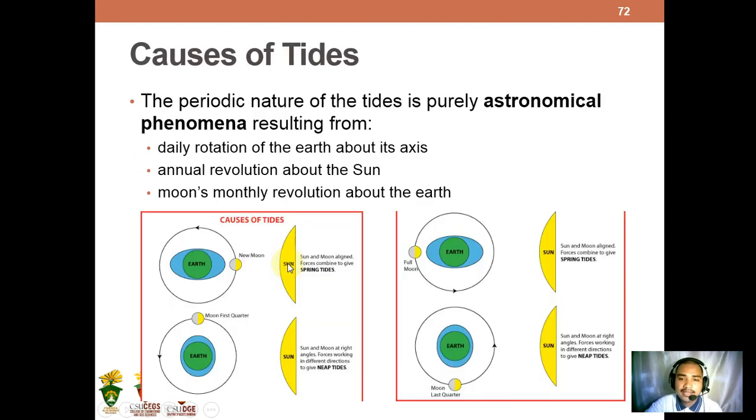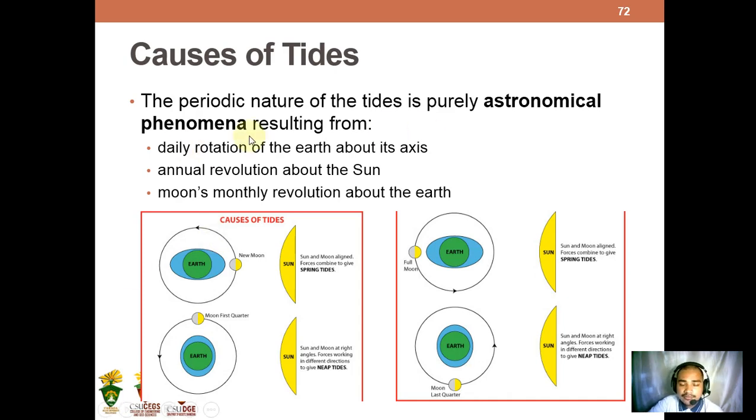The periodic nature of tides is purely an astronomical phenomenon. Okay, it is caused by the heavenly bodies. And this results from the daily rotation of the earth about its axis and the annual revolution about the sun.